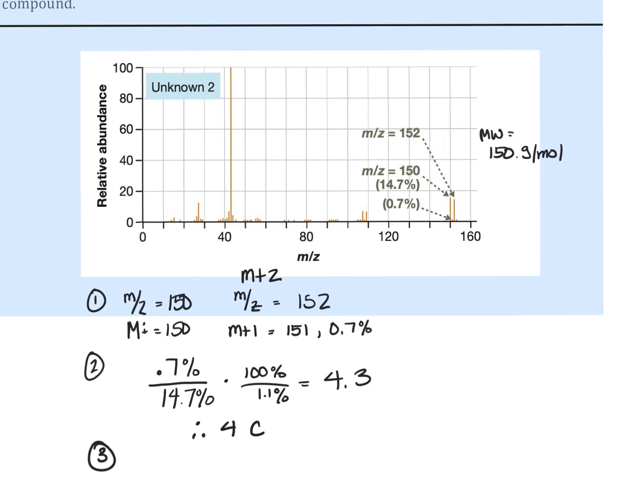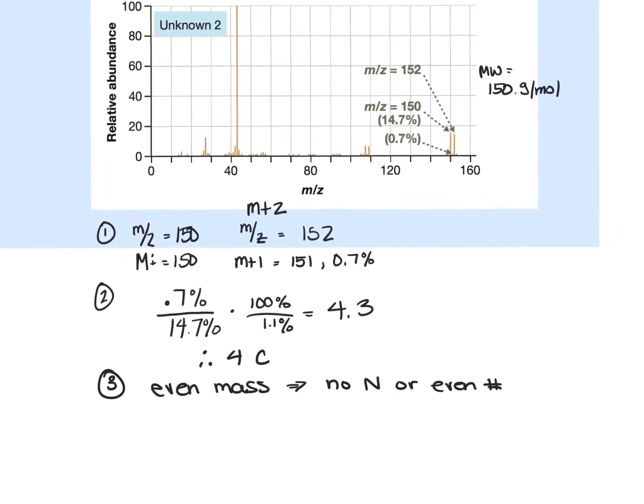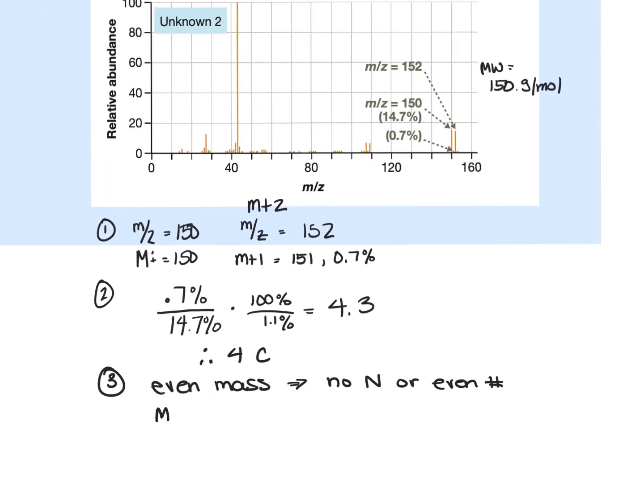Okay. So let's jump back down to step 3. Does this guy have an odd or even mass? So this has an even mass. And so we have some options here. We're either going to have no nitrogens or an even number. Okay. Now, the M+2 and the molecular ion peak have about the same intensities.